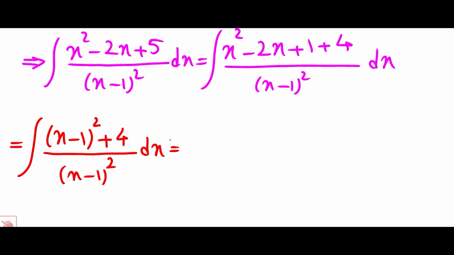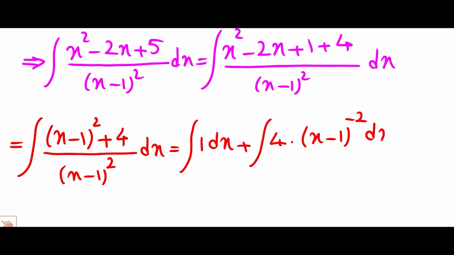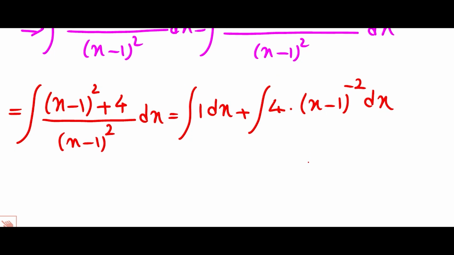So if we split the fraction, we have (x minus 1) squared over (x minus 1) squared, equals the integral of 1 dx plus the integral of 4 over (x minus 1) squared, or 4 times (x minus 1) to the power of negative 2 dx. Now integrate term by term.